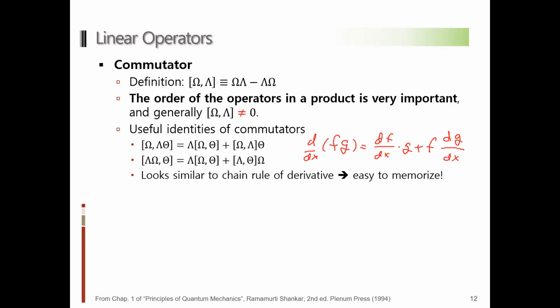Of course, in this case f and g are both scalar values, so their order might be changed. But if you just keep the order the same, this property is simply a reflection of these relations. The first part corresponds to this, and the second part corresponds to this one.